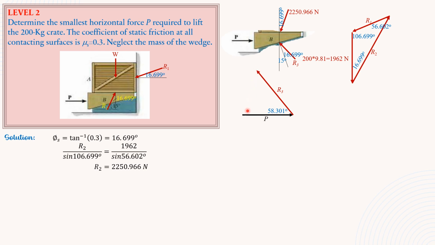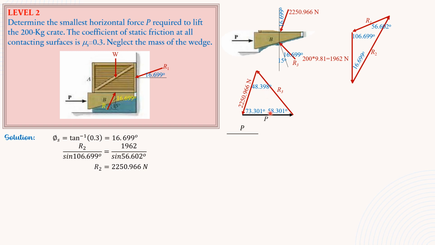Then this is R2, 2250.966. It makes an angle of 16.699 degrees with the vertical. So with the horizontal, 90 minus 16.699 degrees, and that is 73.301 degrees. Therefore, this remaining angle is 180 minus 73.301 degrees minus 58.301 degrees. Using your calculator, 48.398 degrees.